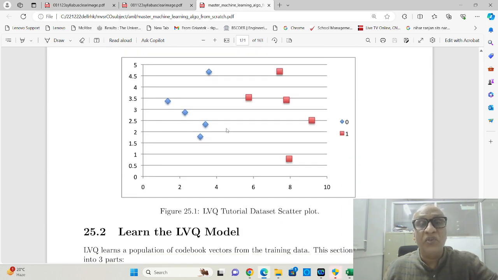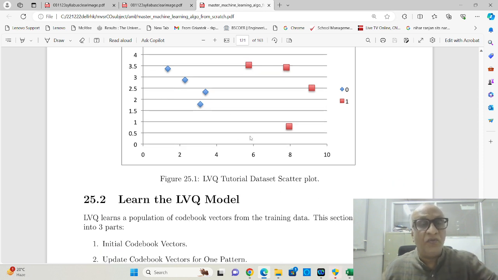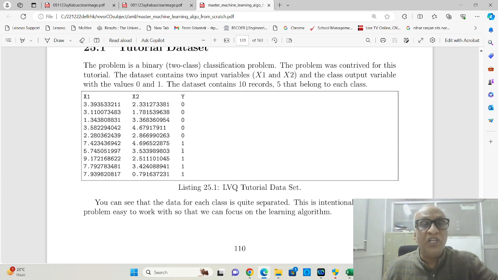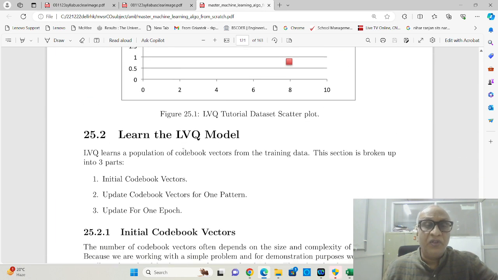Even in the graph you can see direct separation between these two classes. The blue labeled ones are class 0 and the red labeled ones are class 1. This is my data set, which has two variables X1, X2 and a class variable Y. There are 10 records, 5 belonging to class 0 and 5 to class 1.